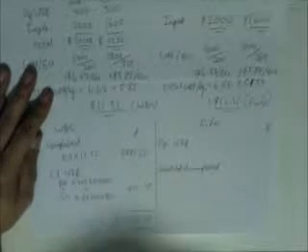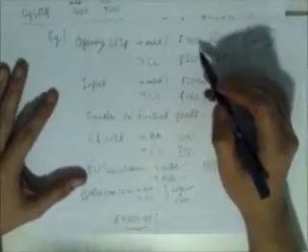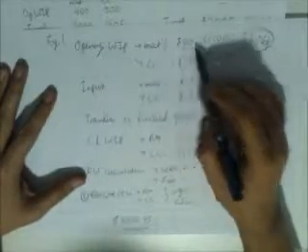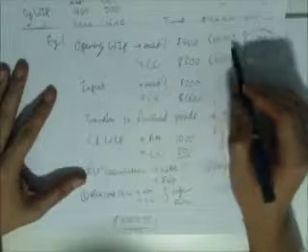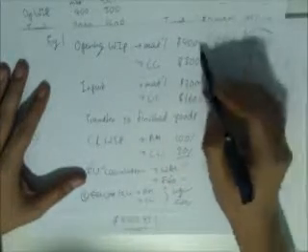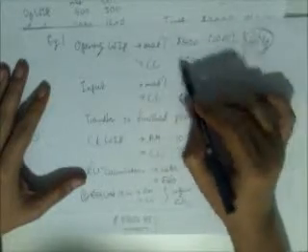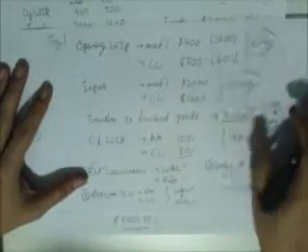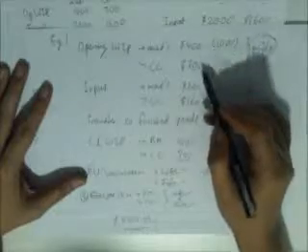So let us start with the opening work in progress. Your opening work in progress had materials $400, 100% complete, conversion cost $300, 60% complete. So in other words, the opening work in progress is worth 400 plus 300.